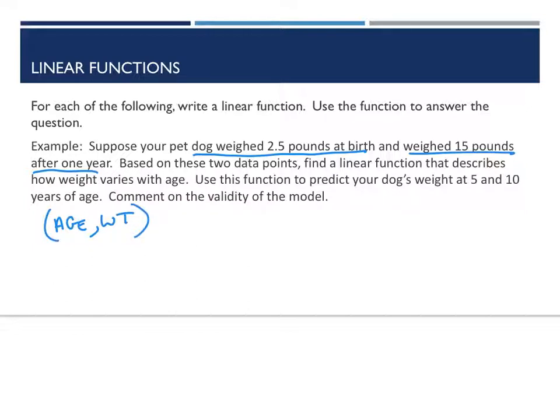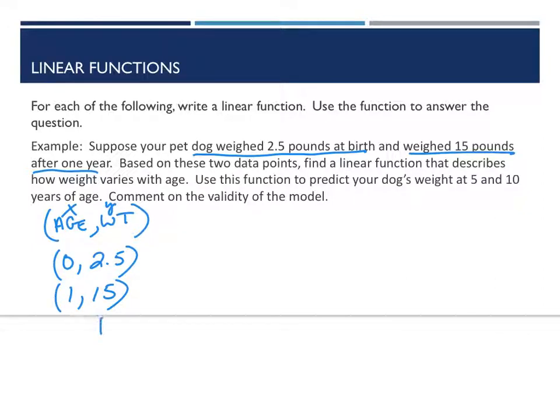So if age is the independent variable, that's your x, and weight is your y. So if I want to make an ordered pair out of a 2.5 pound dog at birth, his age would be 0 and his weight would be 2.5. If you weighed 15 pounds at a year old, that's 1 year old, 15 pounds.